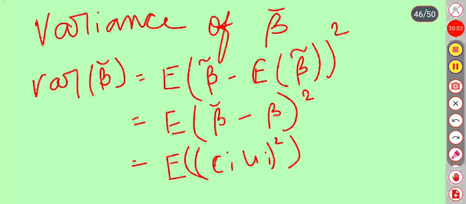So here we now try to find the variance of beta tilde, which is equal to the expected value of beta tilde minus the expected value of beta tilde, whole square. That is the expected value of beta tilde minus beta, because we know the expected value of beta tilde equals beta, and in the previous step we got that beta tilde minus beta equals summation ci ui. So the expected value of summation ci ui whole square.